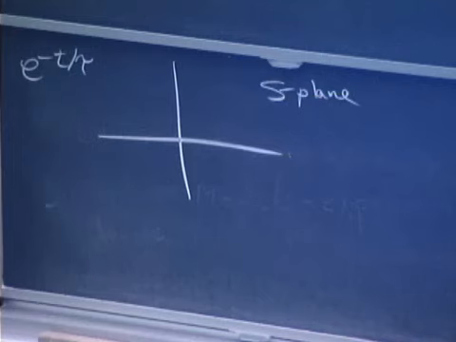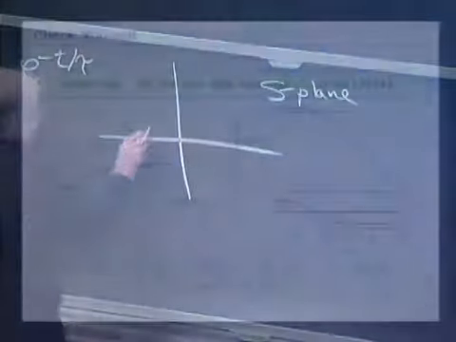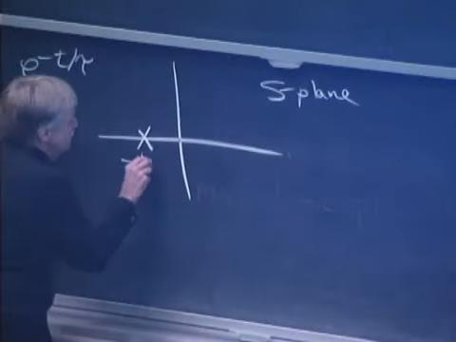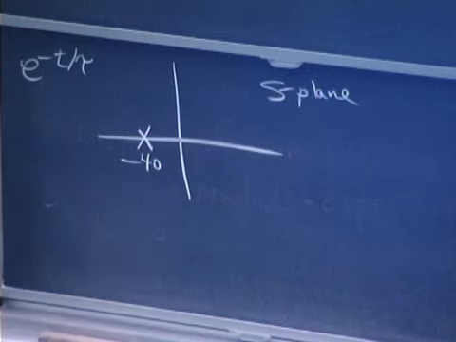It's at location 40. That's actually correct. Well, sort of. Negative 40, that's exactly correct. So the pole is right here. The pole's at minus 40 radians per second.